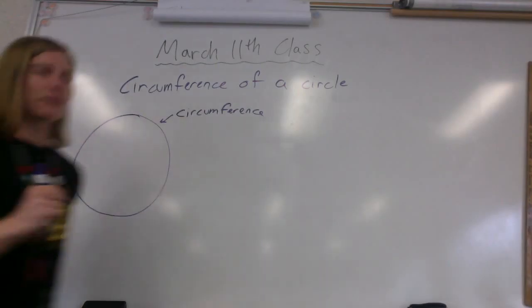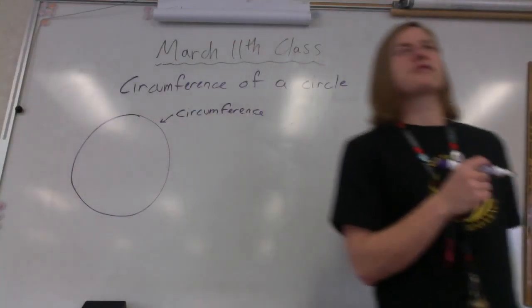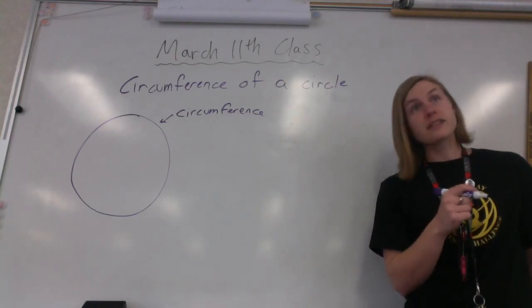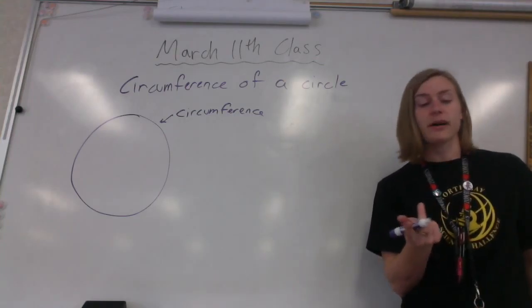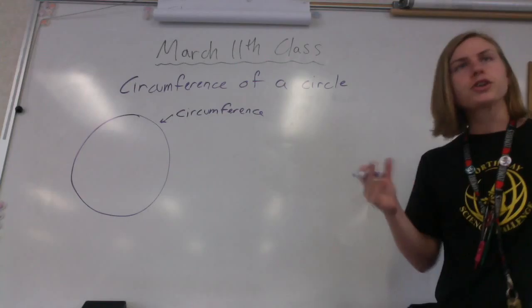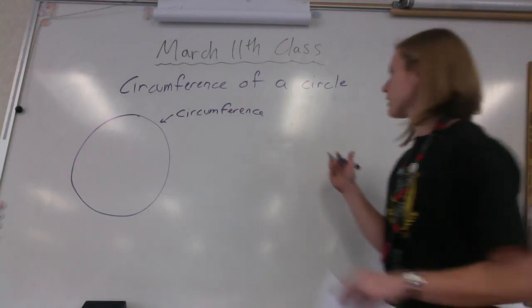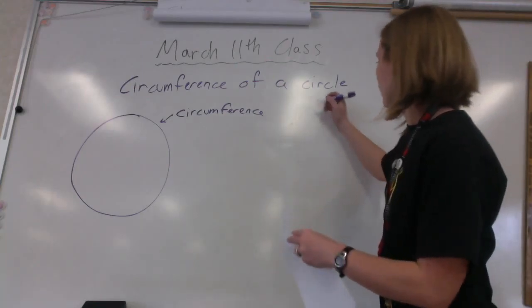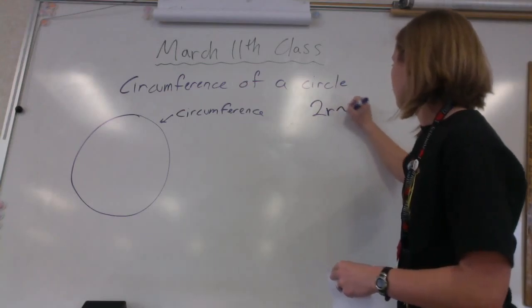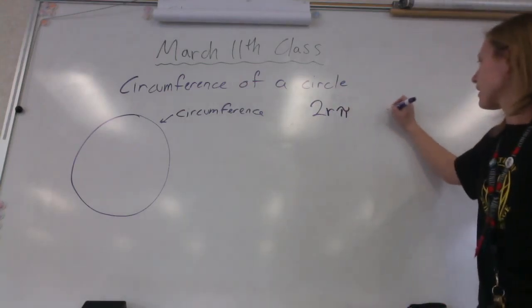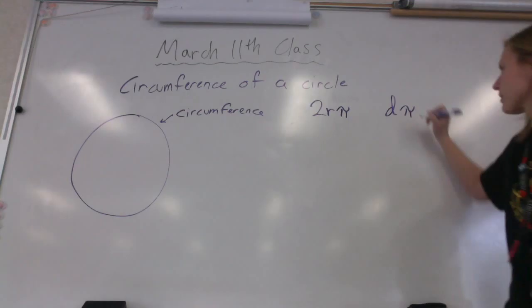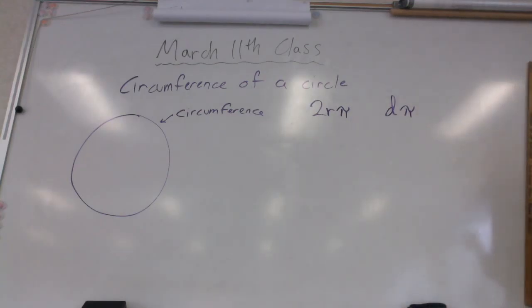Does anyone remember the formula for this? It does have pi in it. Whenever we're dealing with circles, we have pi. So there's two different ways you can think about the formula. You can think of 2 times the radius times pi, which is the same thing as the diameter times pi, because 2 times the radius is the diameter. Either way you like to think about it.